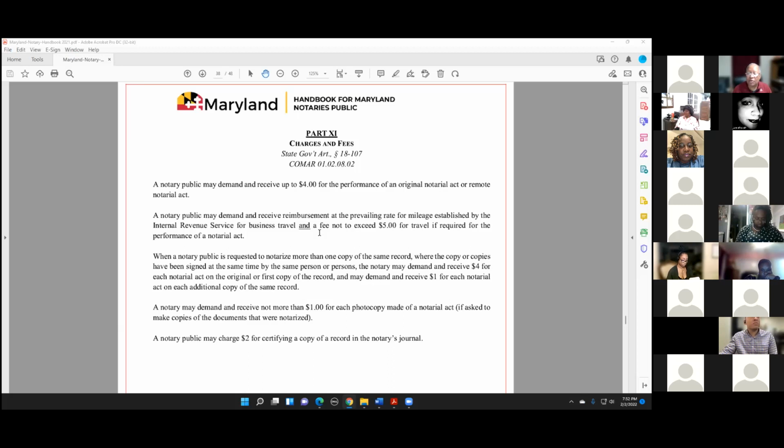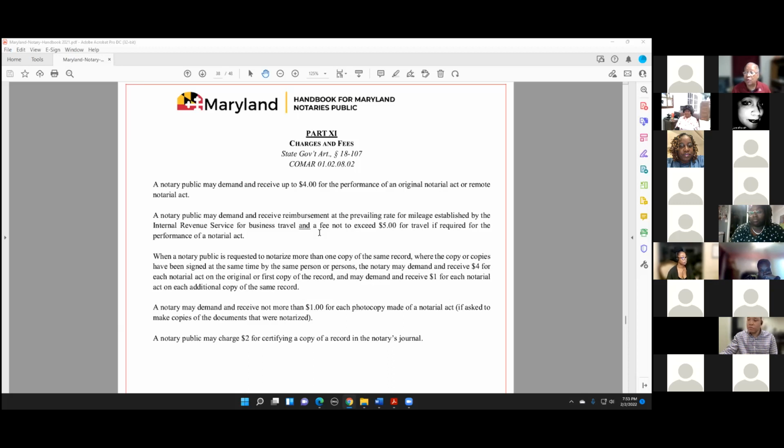Now, say you have to travel to these people to notarize this document. The Internal Revenue Service says that the travel fee is 58.5 cents per mile, and a fee not to exceed $5 for travel. How that works is that if you travel to them 10 miles, you charge them round trip.